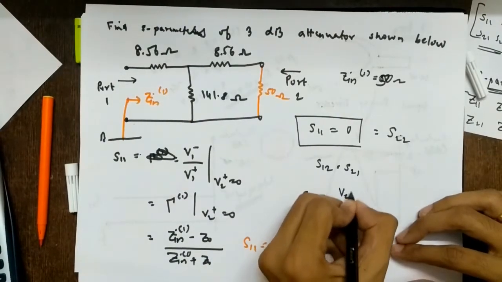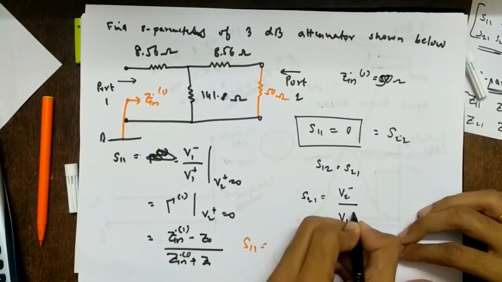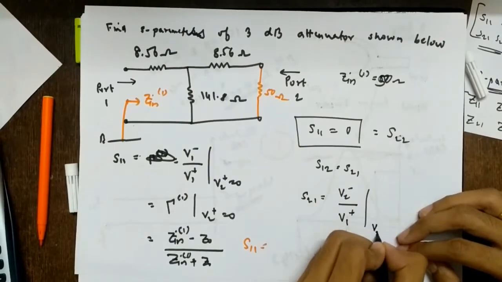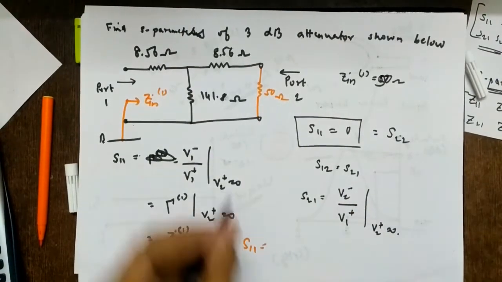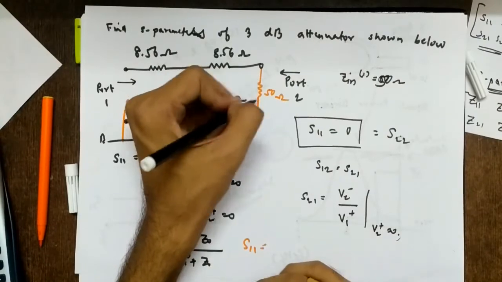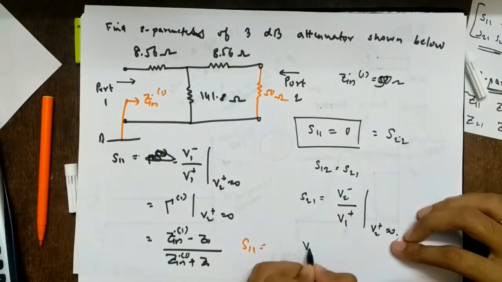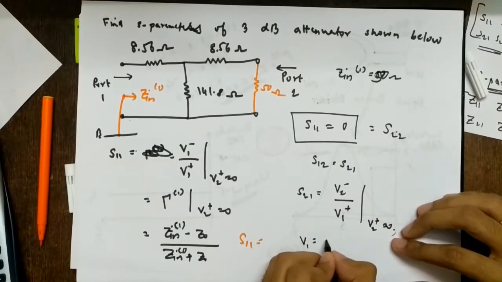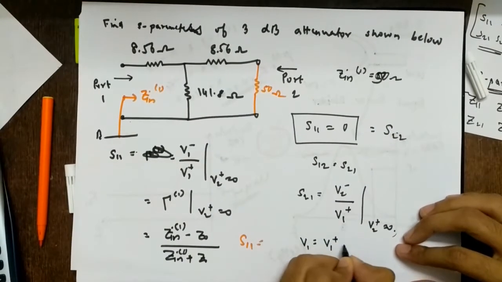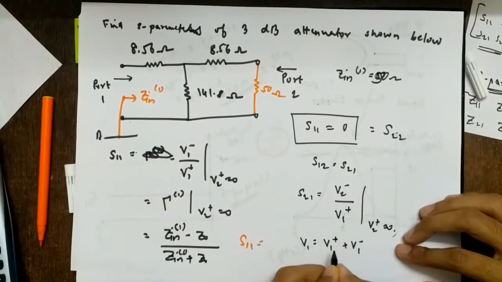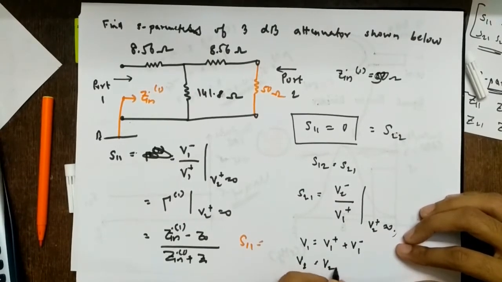By definition, S21 is V2 minus upon V1 plus at V2 plus equal to 0, meaning it should be terminated by 50 ohms. From basic electromagnetics, V1 is incident wave plus reflected wave, V1 plus plus V1 minus. Similarly V2 is V2 plus plus V2 minus.